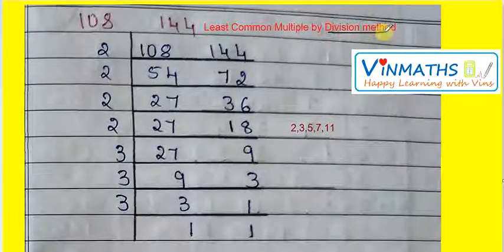To find it with this division method, we will write 108 and 144 like this, and draw a straight line with a scale. We need to choose the prime factors which divide these two given numbers, starting from the smallest prime to the largest primes.